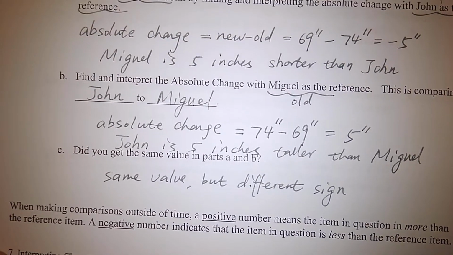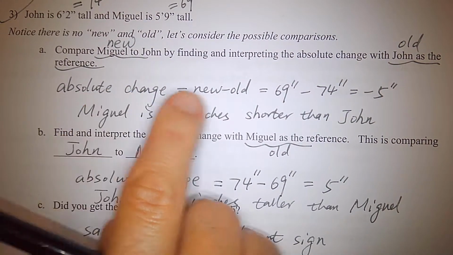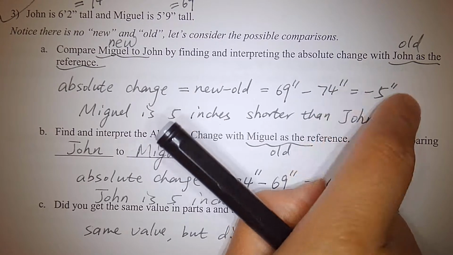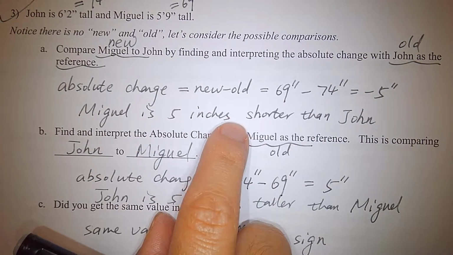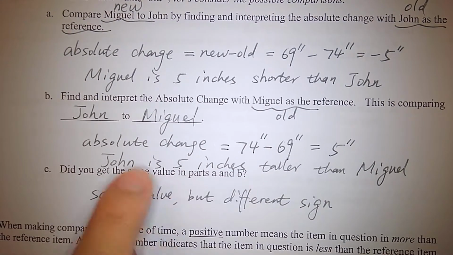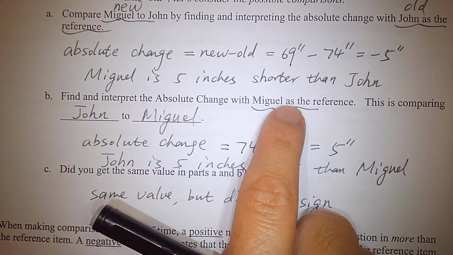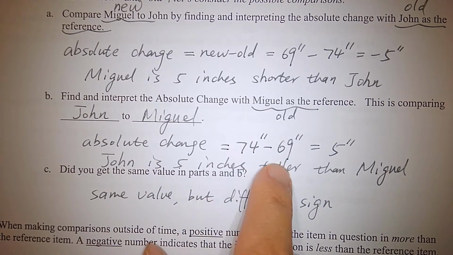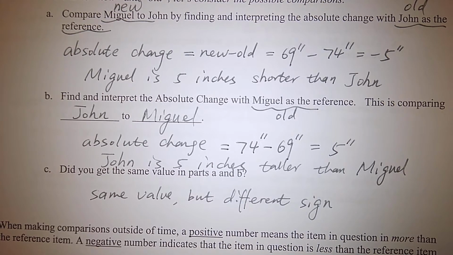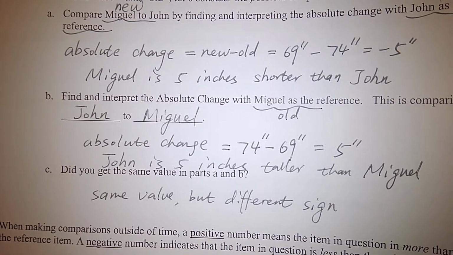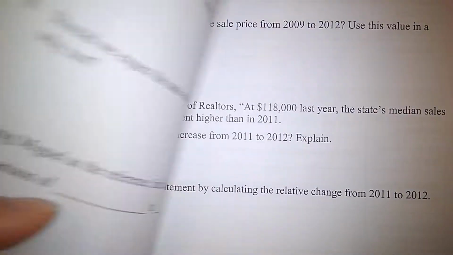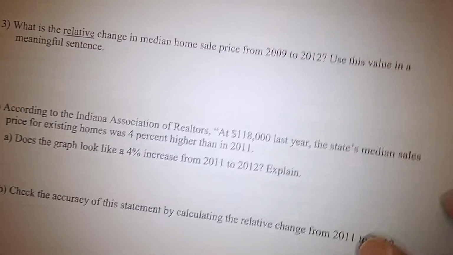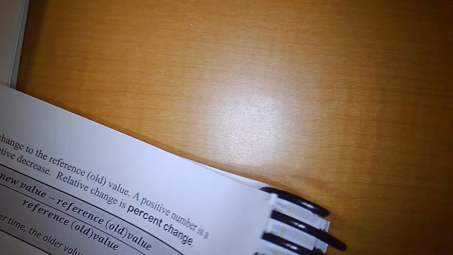So just like the Miguel and John problem, if we get a negative result, that means Miguel is shorter. And then John compared with Miguel, we get a positive result, that means John is taller than Miguel. Everybody clear about this question 3? Okay. Now this is absolute change, okay? Let's go to page 72.